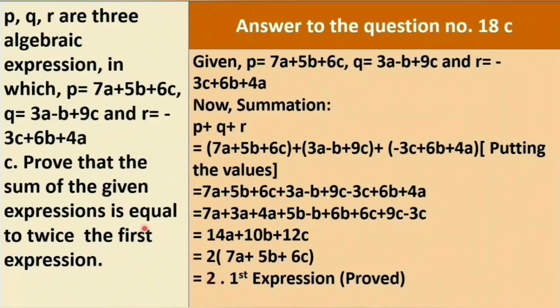That is what we were asked to prove: we have done the sum of the given expressions, and the result will be equal to twice the first expression. That is 2 multiplied by the first expression, the same thing. So after showing this, you will write proved.